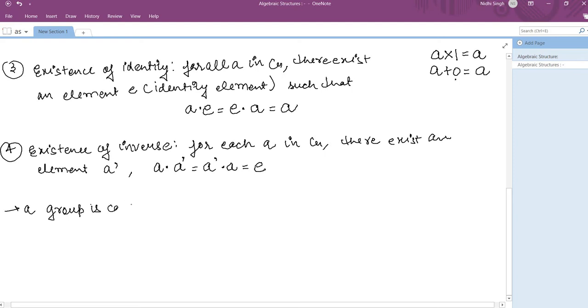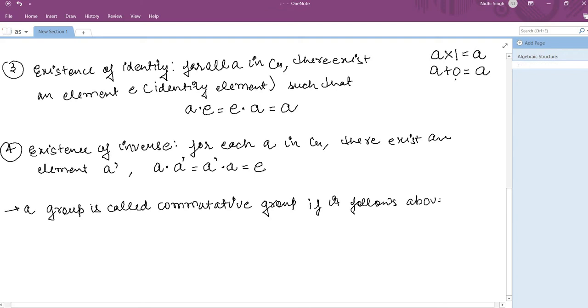A group is called a commutative group if it follows the four properties above with one more property additionally.